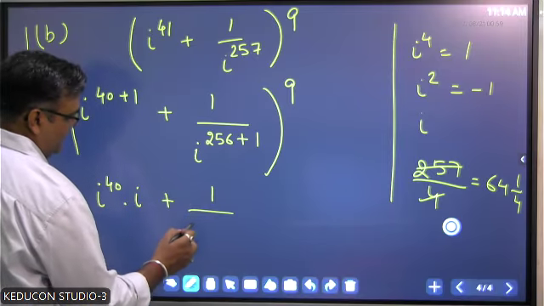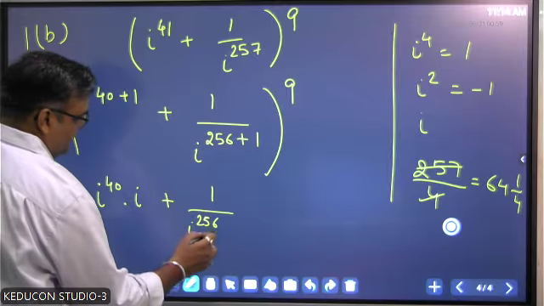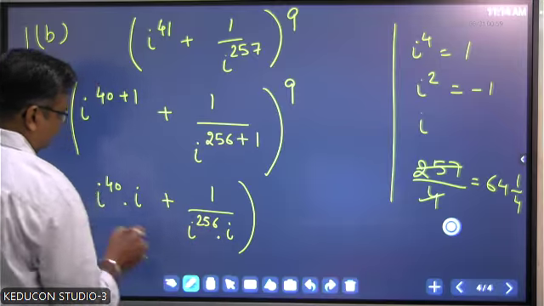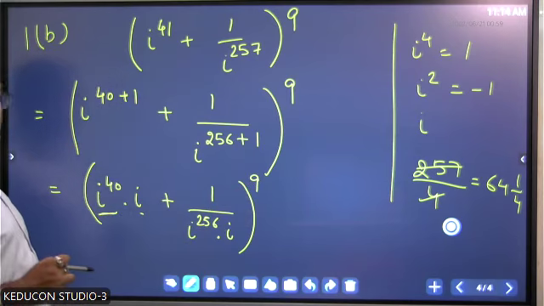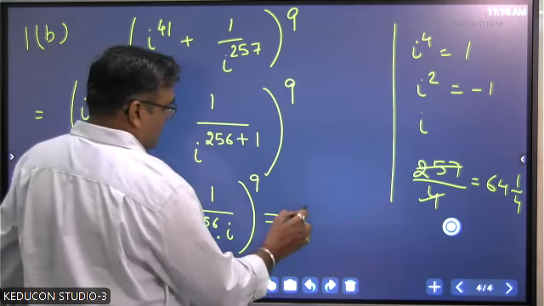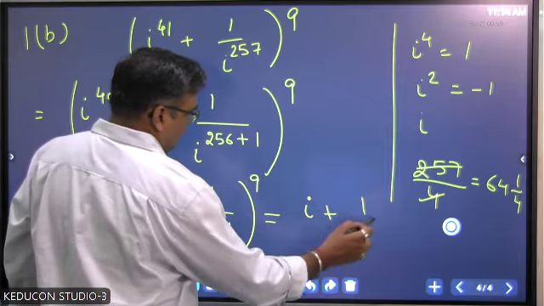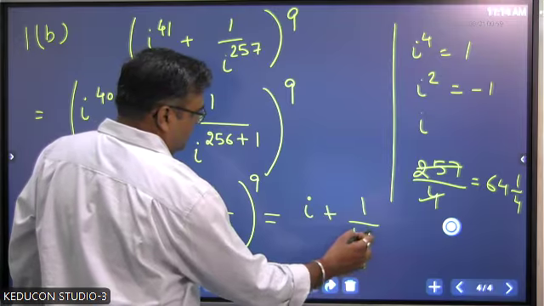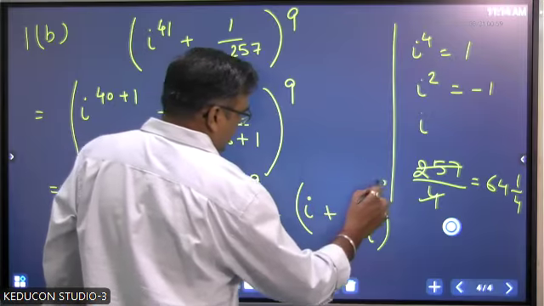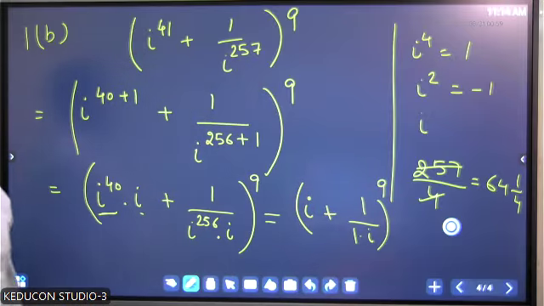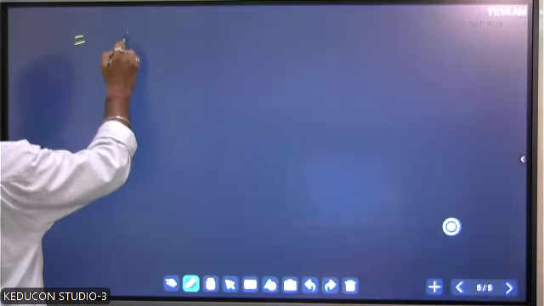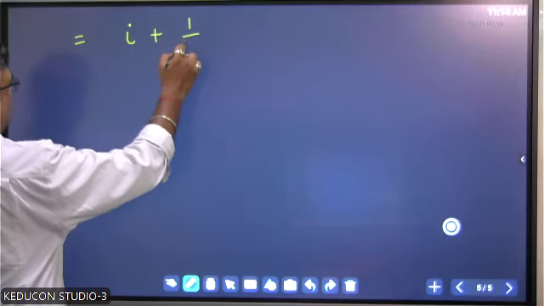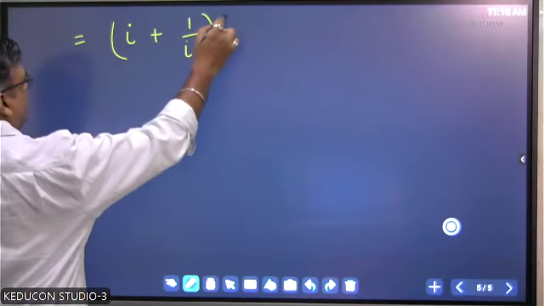This i to the power 40 becomes 1, so that becomes 1 into iota, which is iota, plus 1 over 1 into iota, right students, raised to power 9. So what you got: iota plus 1 by iota, raised to power 9.